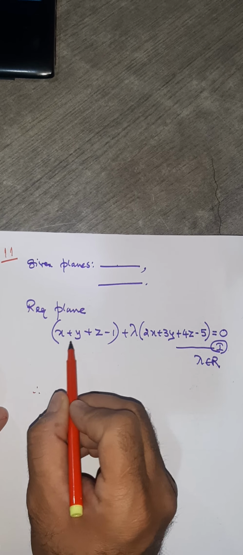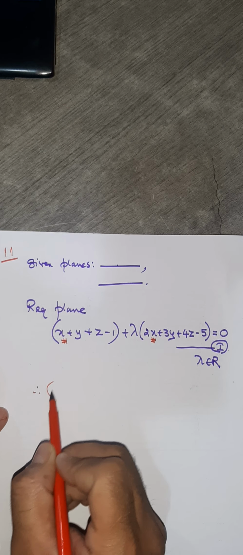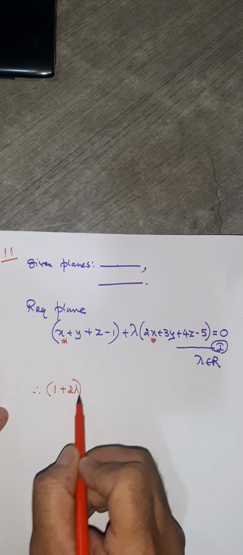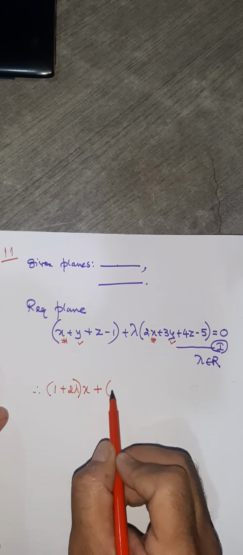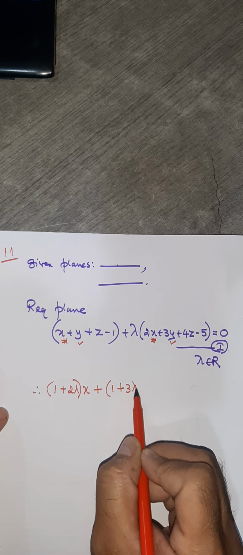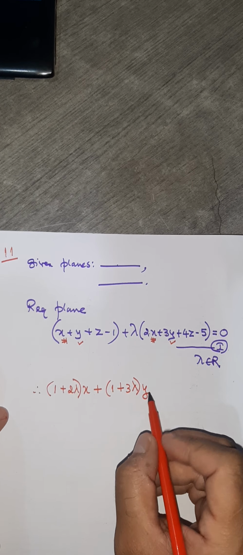What I'll do is take x common from these two. So we'll get 1 from here and 2 lambda from here, plus I'll take y common from these. So I'll get 1 from here and plus 3 lambda into y. Just open the bracket and you will realize.